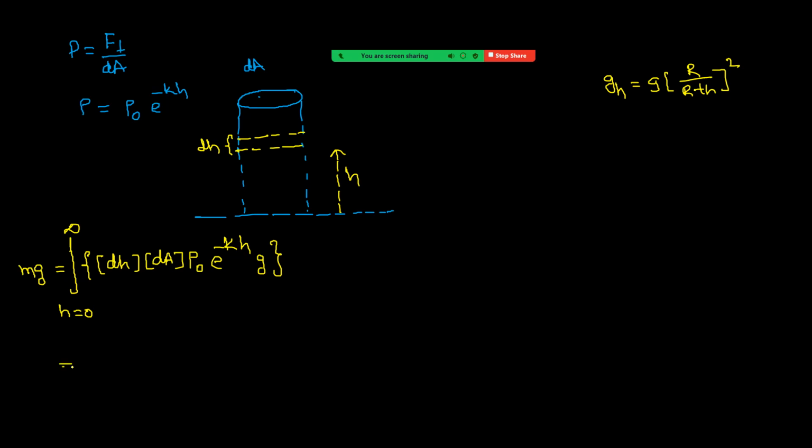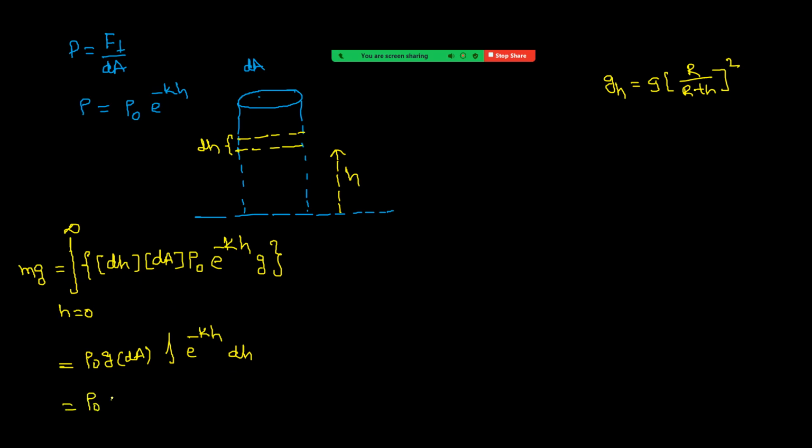See how much we get. We can take the constants outside. So rho naught g dA taken outside. Remaining is the integral of e power minus kh dh.